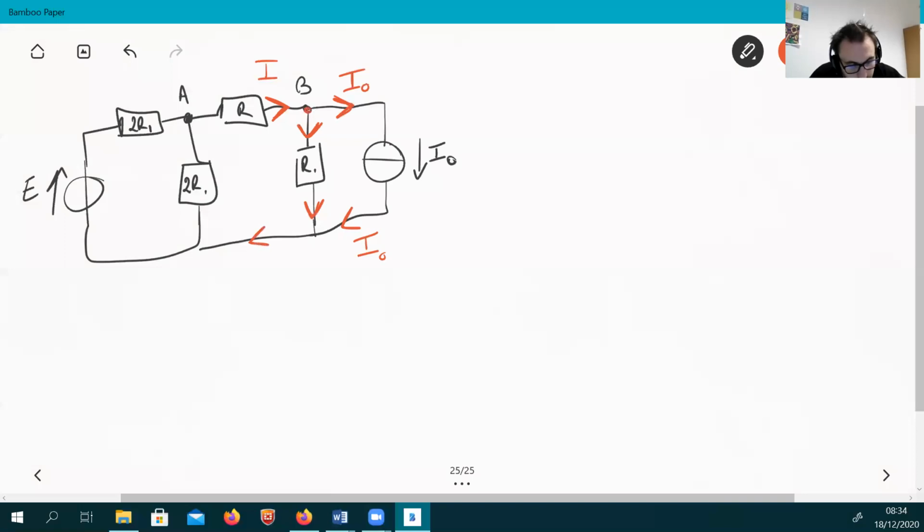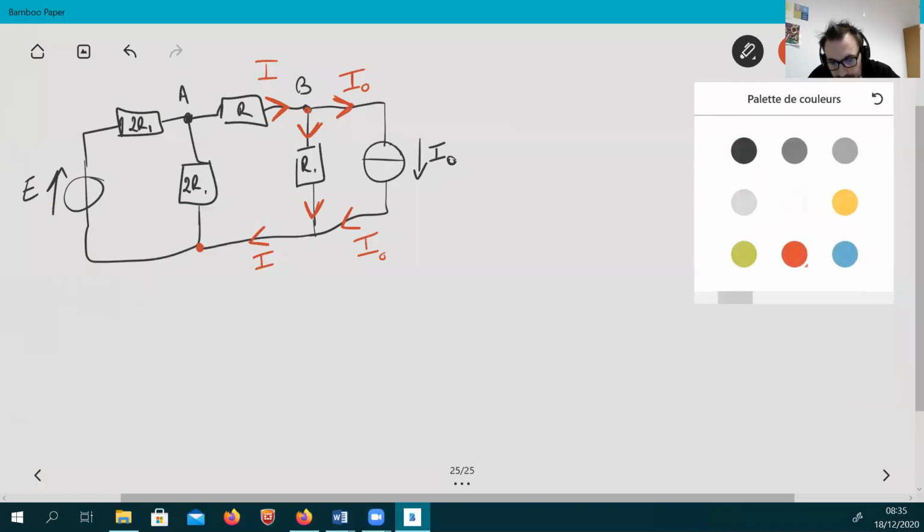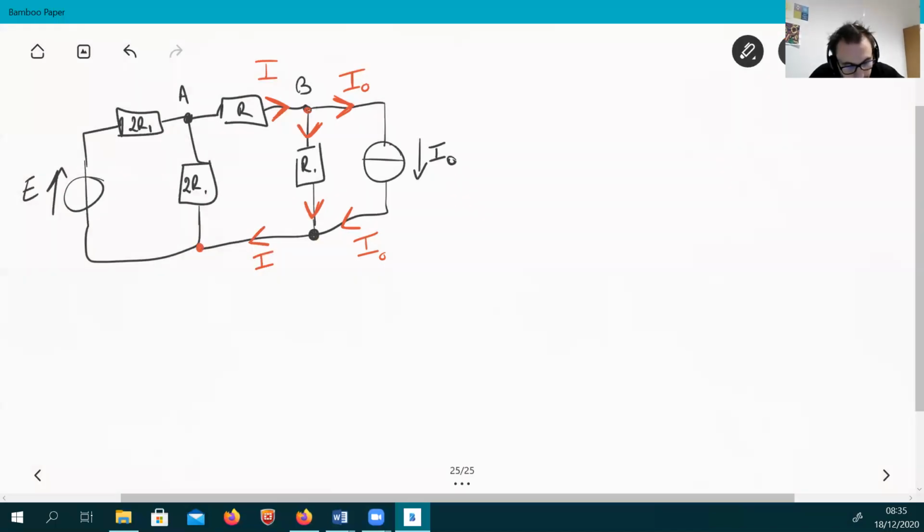Then of course you have another current I in this branch, in the opposite direction, because of the node law I applied here in C. Then you apply the node law in D, so you introduce at least another current, which is another unknown. So you have two unknowns, and you need to apply two mesh laws in two different meshes.